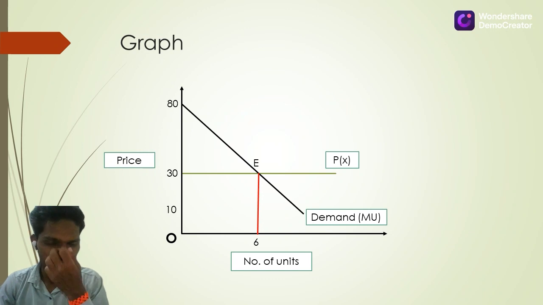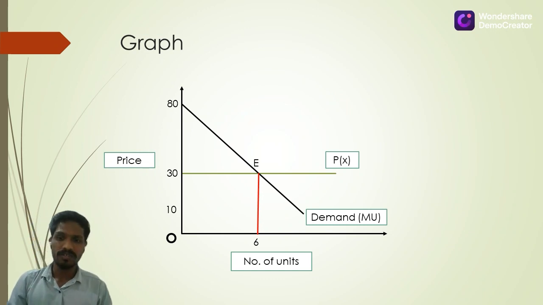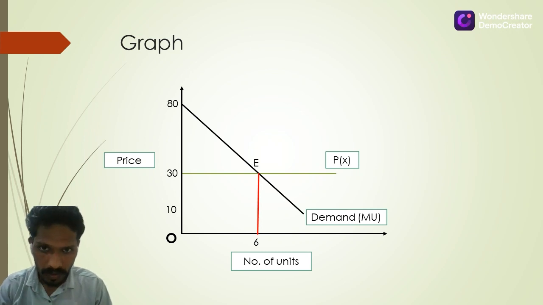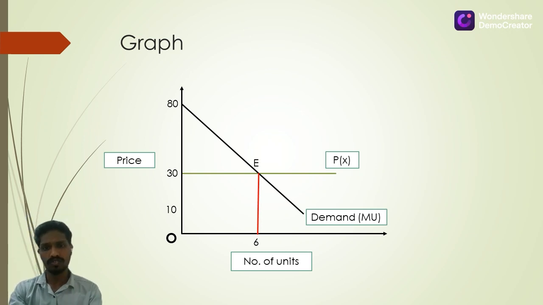Likewise, now we calculate consumer surplus with the help of the graph. We all know that the portion above the equilibrium price is consumer surplus. So I'll shade the portion of consumer surplus.